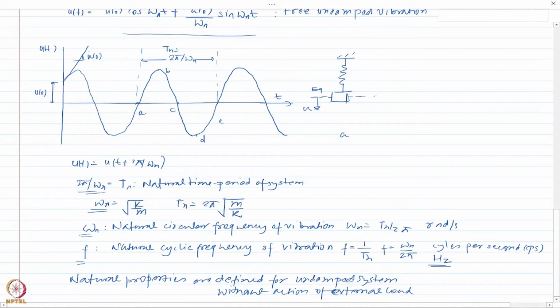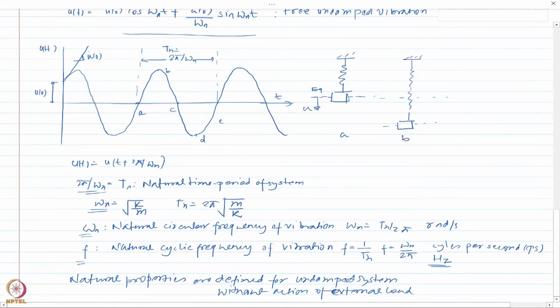Then as u is increasing, it goes to a maximum, let's say in this case somewhere around here. This is the maximum displacement of the system due to initial velocity and displacement, and this is the position B that is shown here.